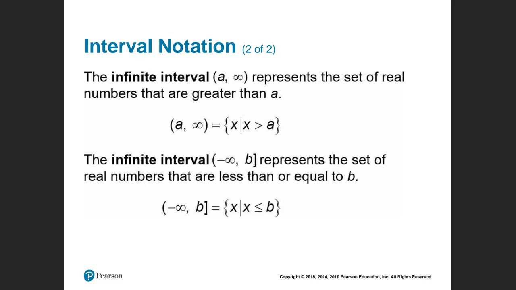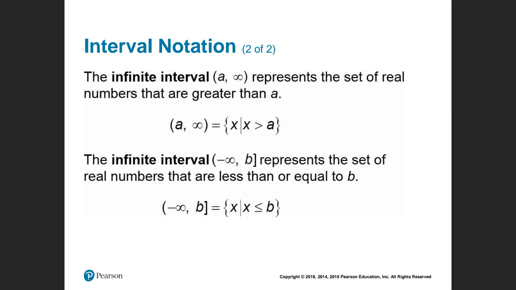The interval (negative infinity, b], okay, closed, it means the bracket is closed, represents the set of real numbers that are less than or equal to b. Okay, so we can write it like this.